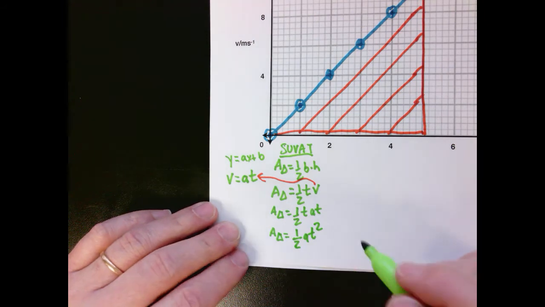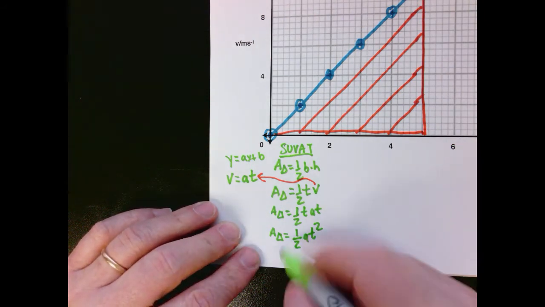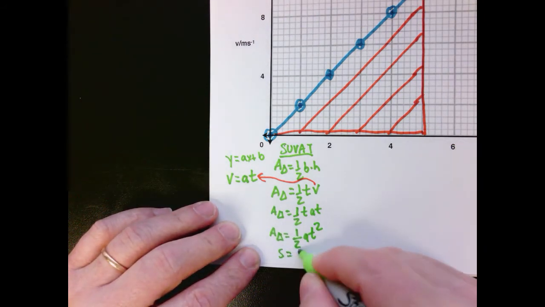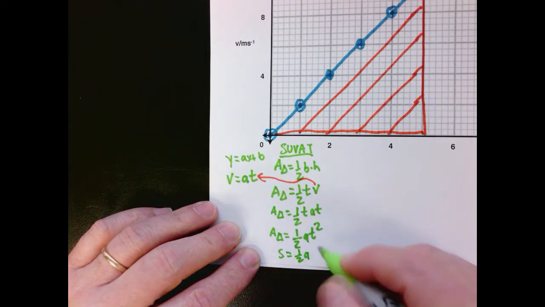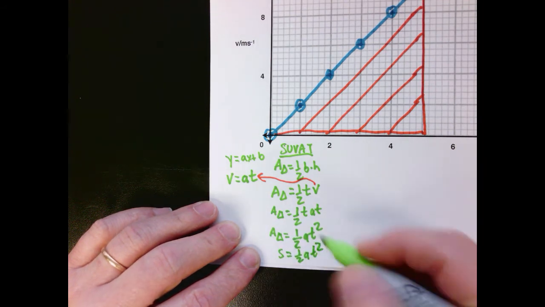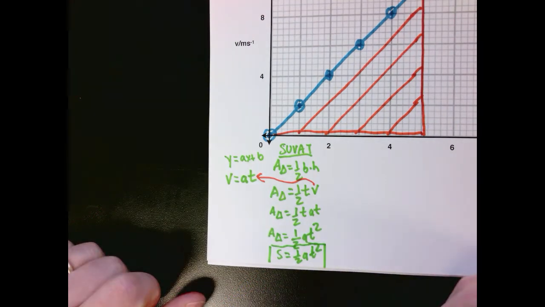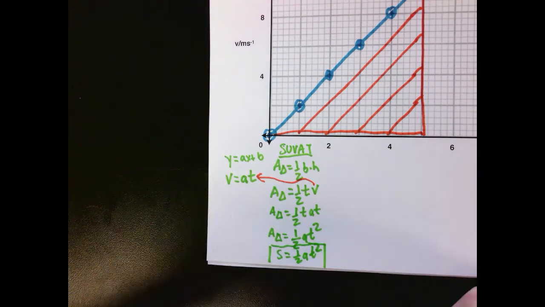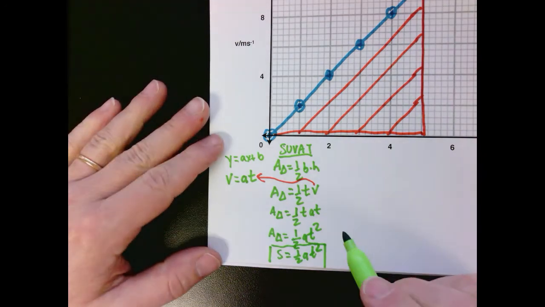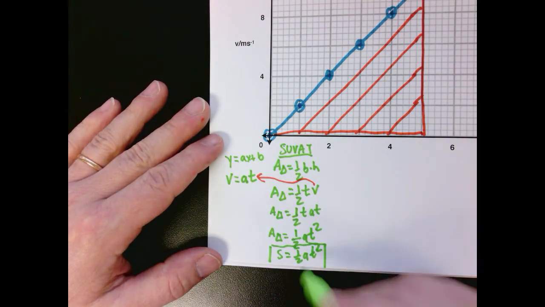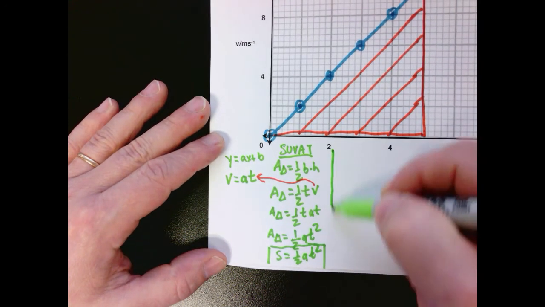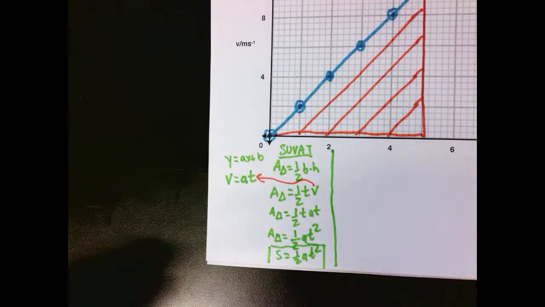And that is the displacement. So we have S equals 1/2 AT squared, a new equation. For now we'll leave it as S equals 1/2 AT squared.